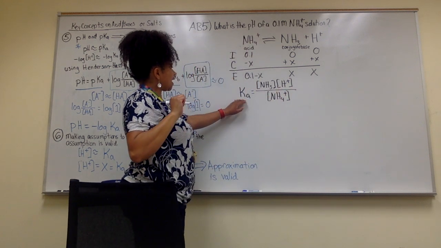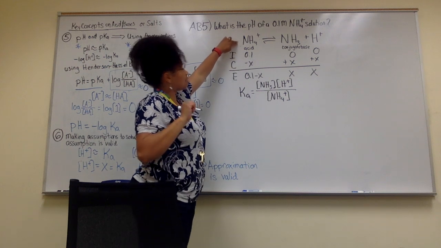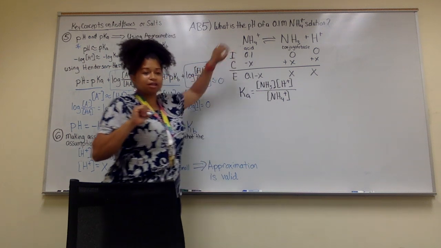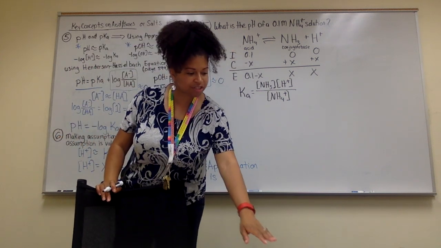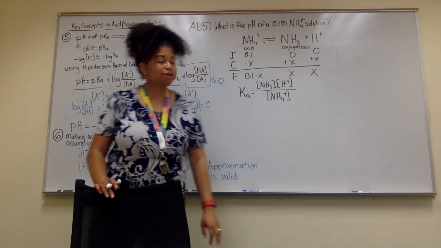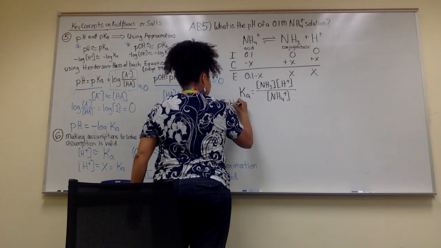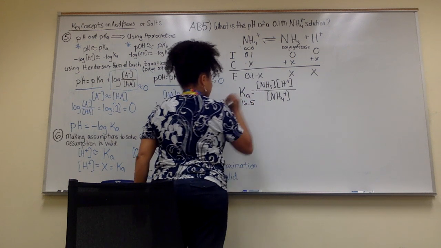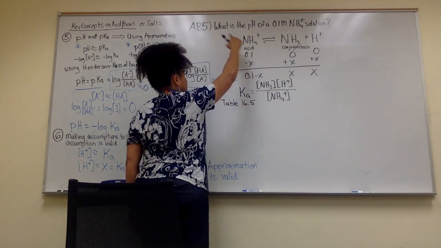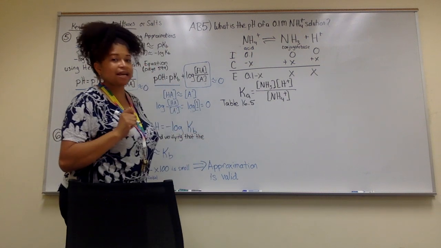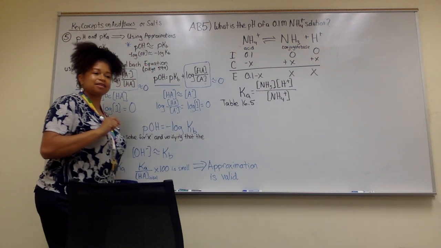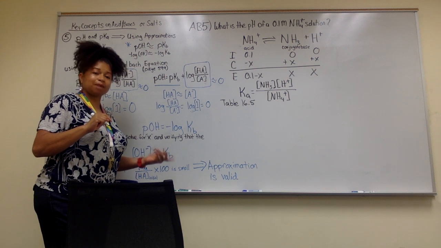And the Ka for ammonium ion, we can look that up. We use table 16.5 to find the Ka of NH4 plus. It gives us Kas of acids, and it gives us conjugate bases.